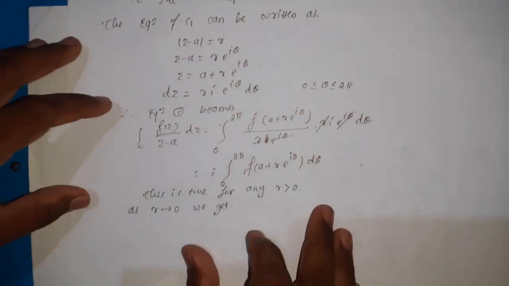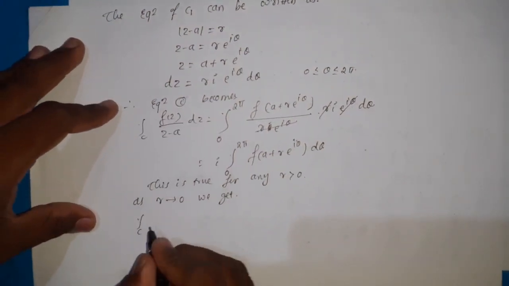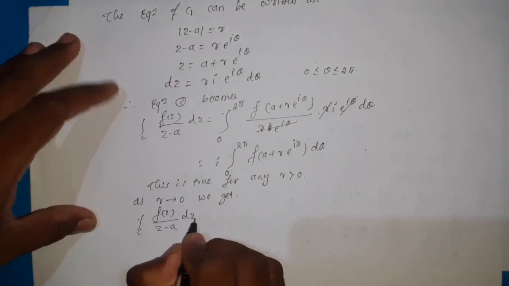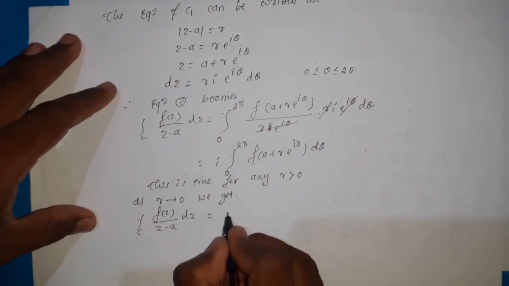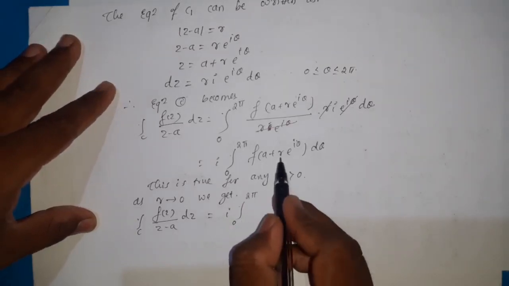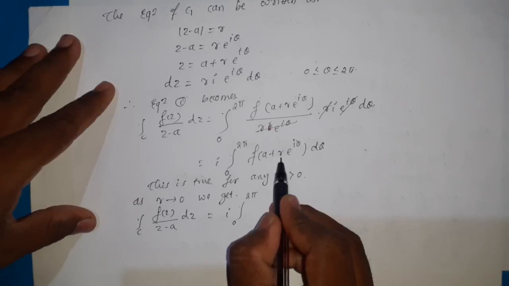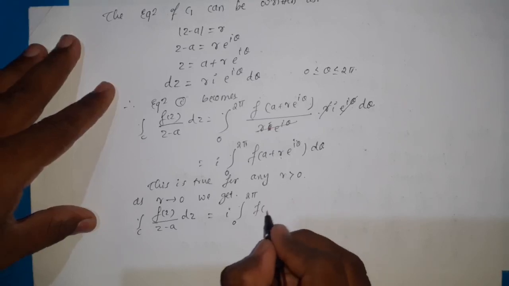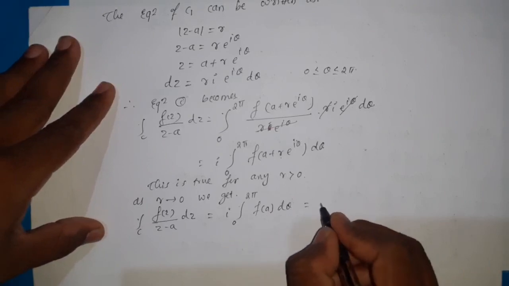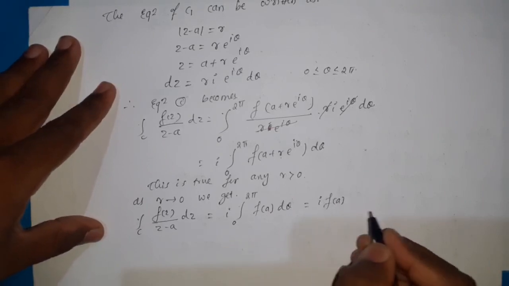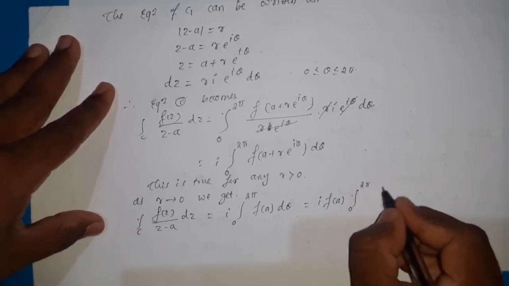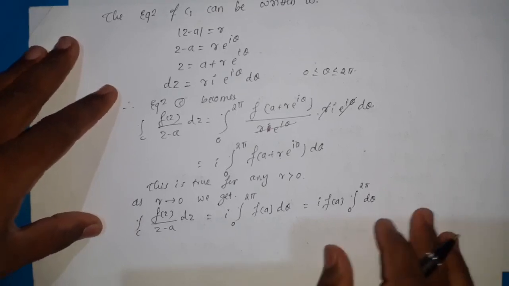So therefore, integration over C of f of z divided by z minus a into dz equals i into integral 0 to 2 pi. Now r is equal to 0, then this becomes f of a only into d theta. Now it is equal to i into f of a, that is constant, then remaining integral 0 to 2 pi d theta.